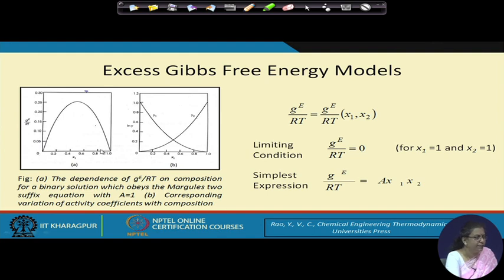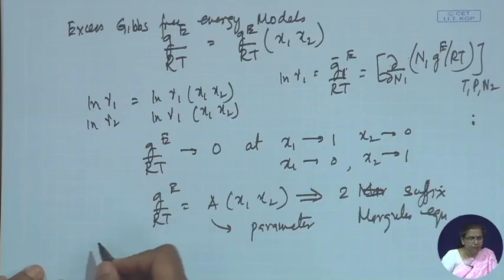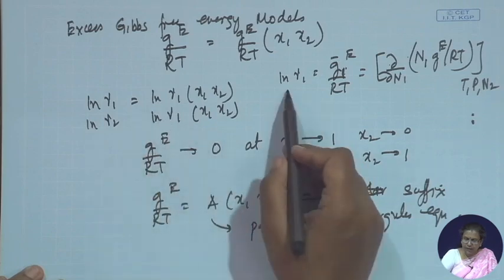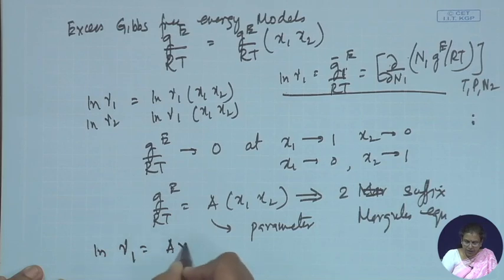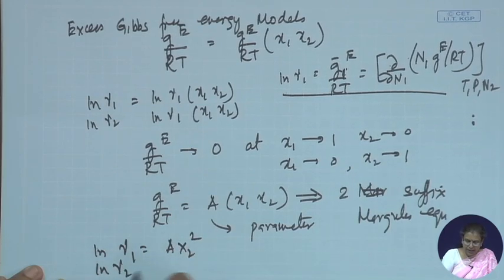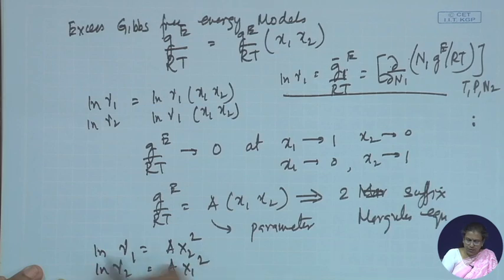So, the simplest expression for the excess Gibbs free energy is the product of the two compositions, and from here we can find the expressions for ln gamma 1 and ln gamma 2, as I have told you. We find that in this case ln gamma 1 equals a x2 square, and ln gamma 2 equals a x1 square.